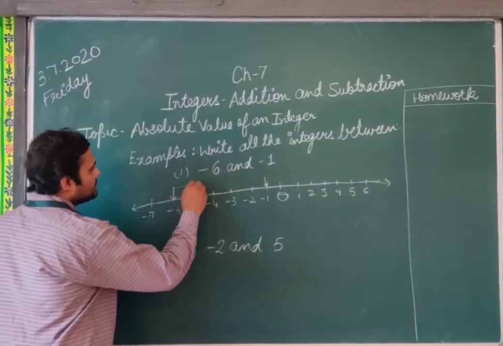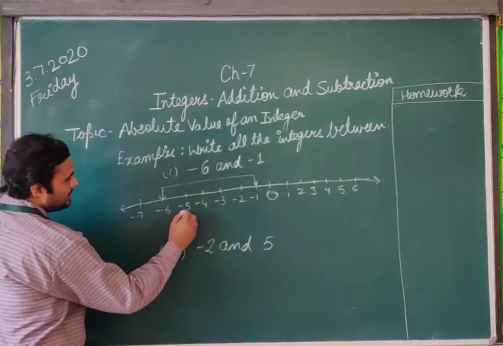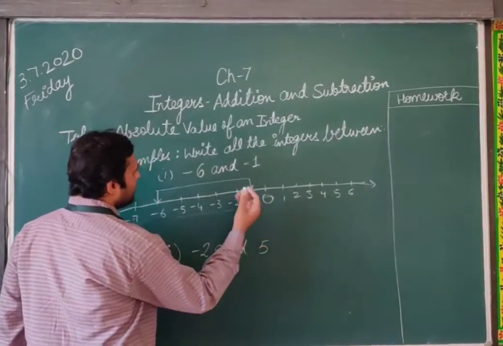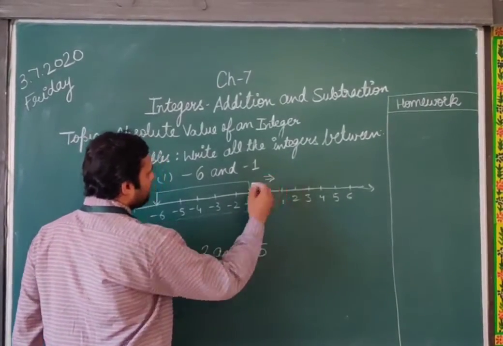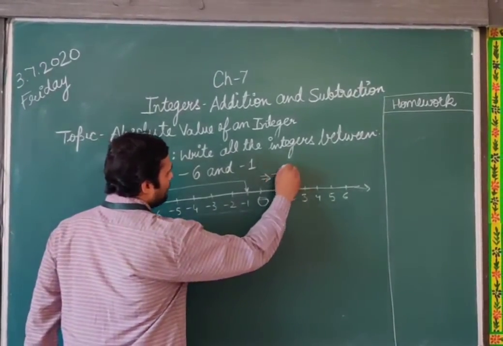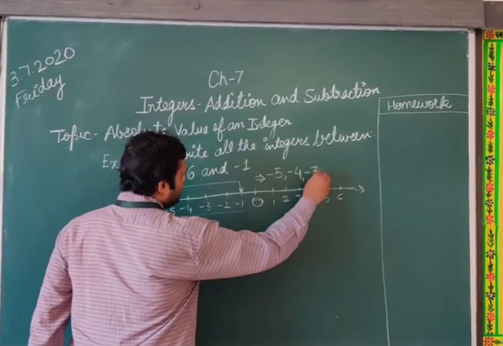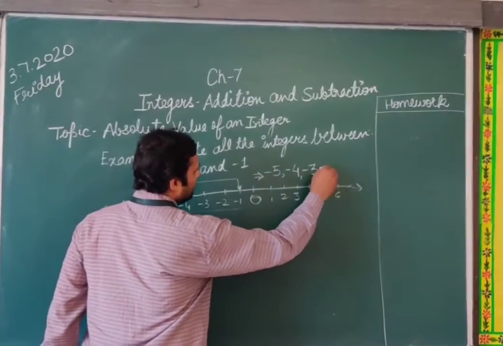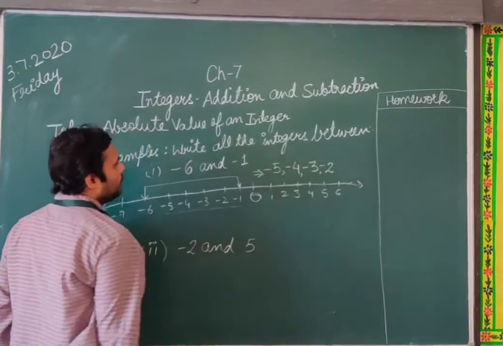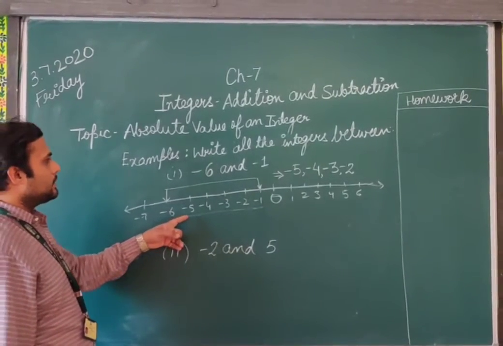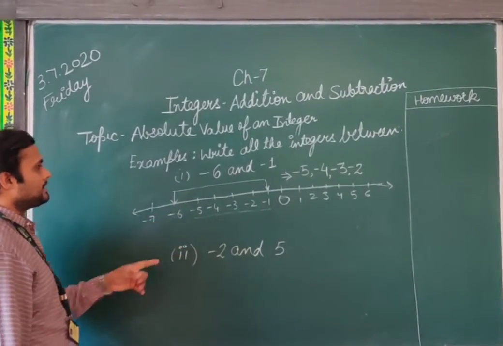The integers which lie between -6 and -1 are -5, -4, -3, -2. So these are all the numbers which lie between -6 and -1.